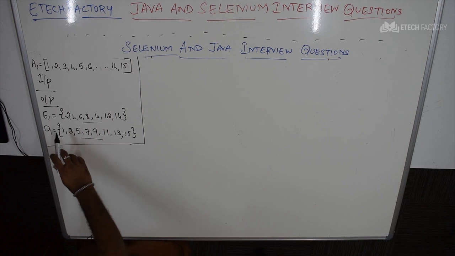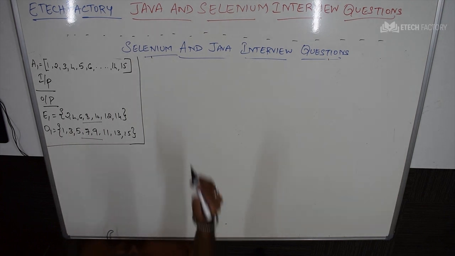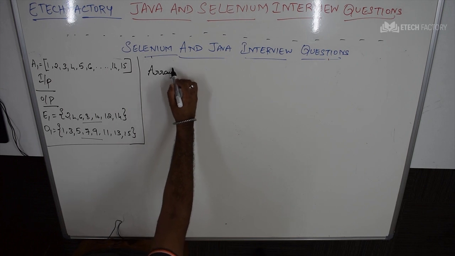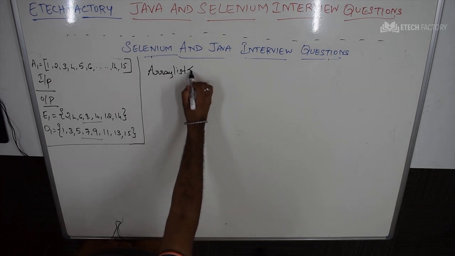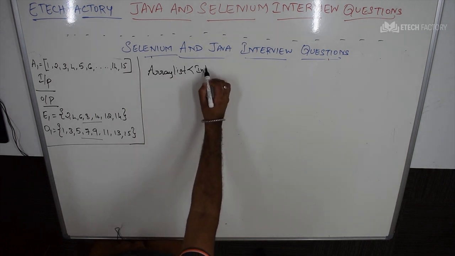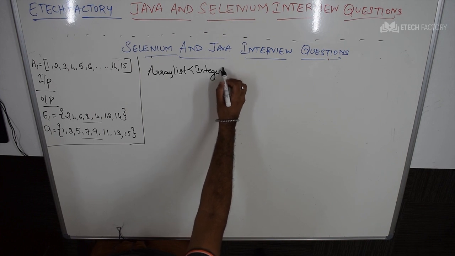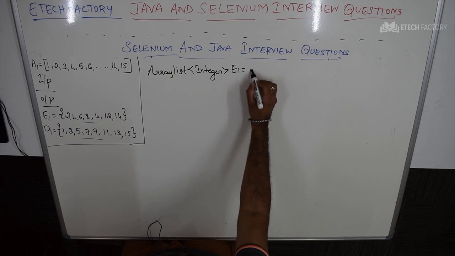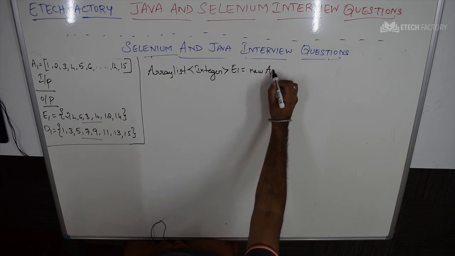One is for the even numbers, the other one is for the odd numbers. I'm just going to write pseudo code, not following the actual syntax. There is going to be ArrayList of Integer e1 equals new ArrayList.